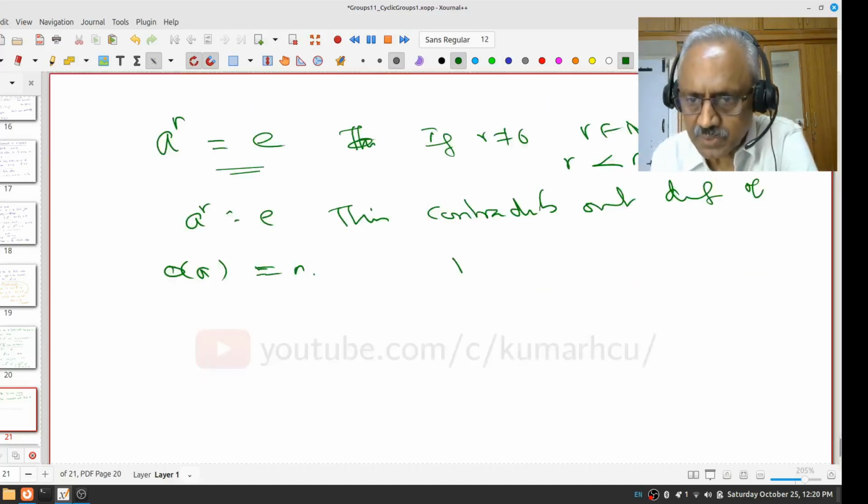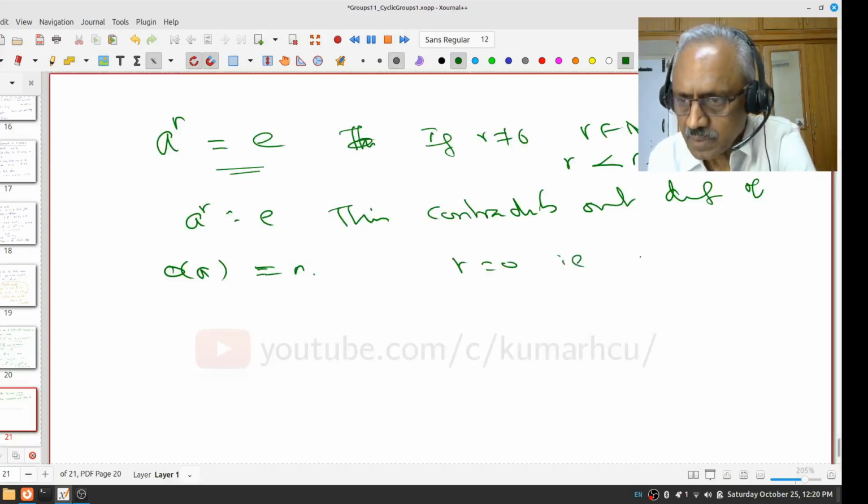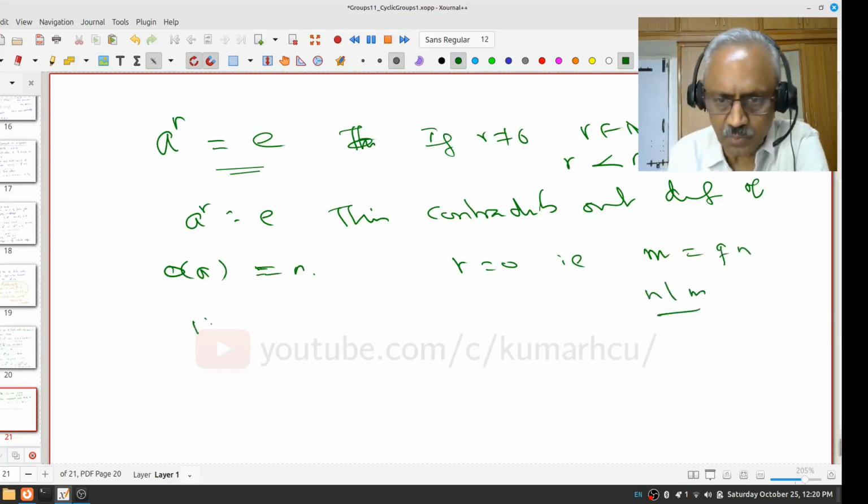Therefore r has to be 0, that is a to the power m is a to the power qn, that means n divides m. Okay, so one is proved.